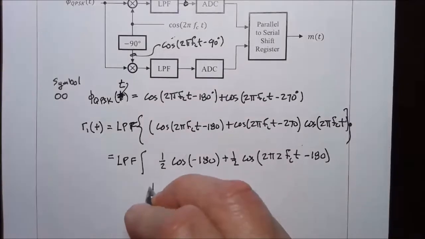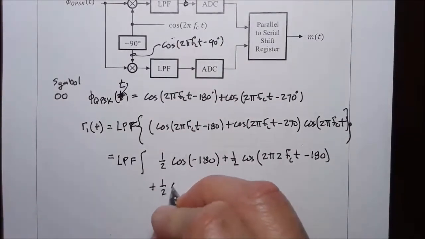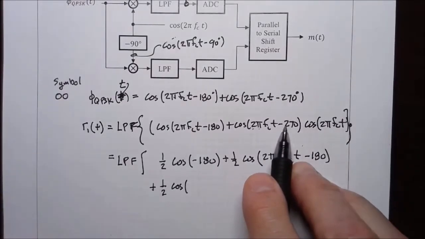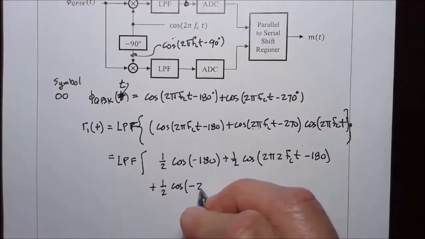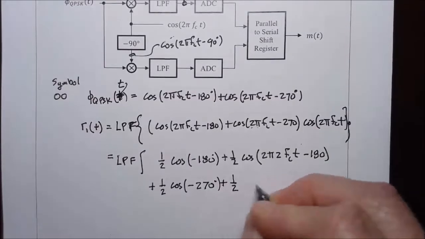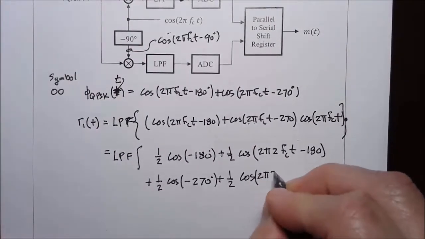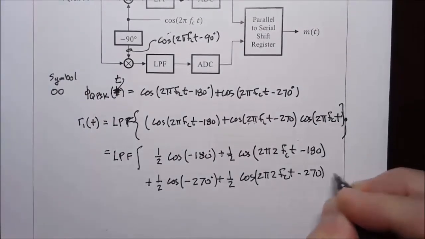And then we add, for the other cosine times cosine, 1/2 cosine of the difference, 2 pi FCT minus 270 minus 2 pi FCT, which is just minus 270 degrees, plus a 1/2 cosine of the sum of the two, which is 2 pi times 2 FCT minus 270 degrees.